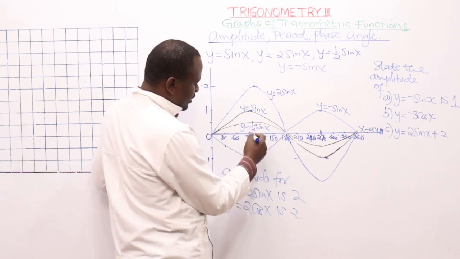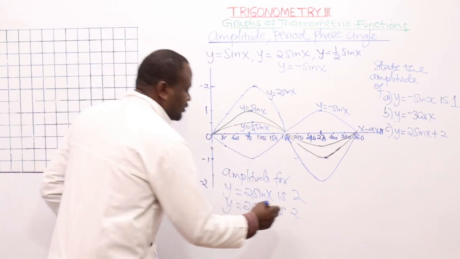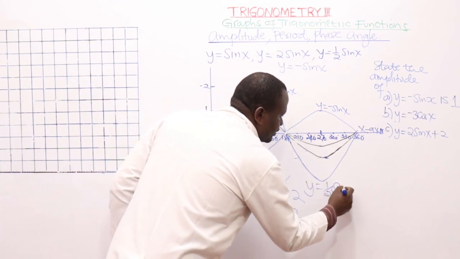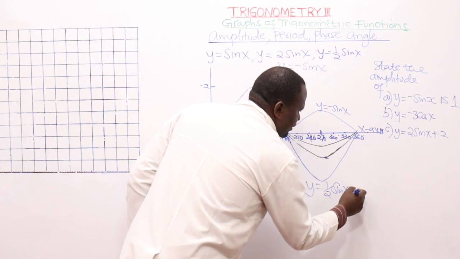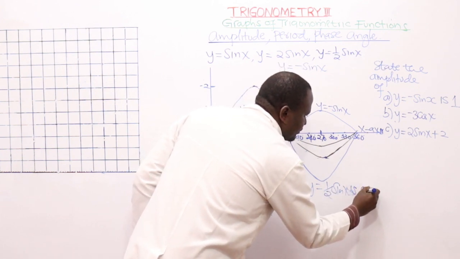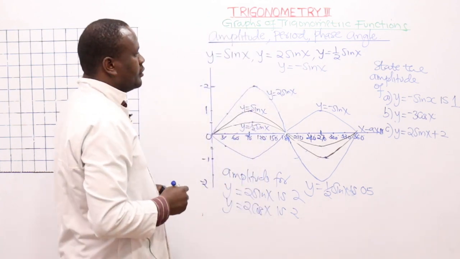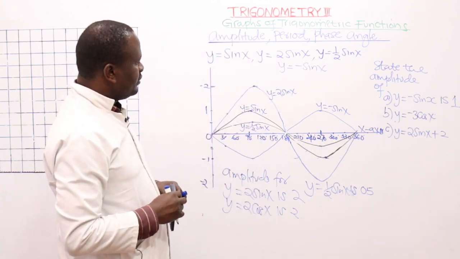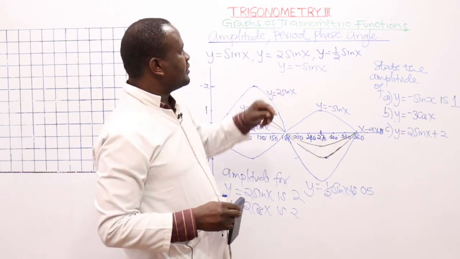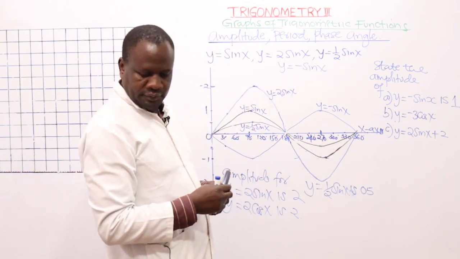So the amplitude for y is equals to a half sine x is a half. So therefore, we see the relationship between the coefficient of sine x and the amplitude.